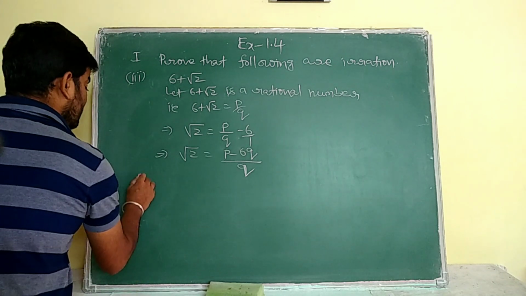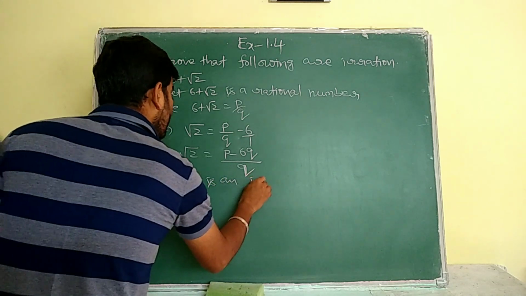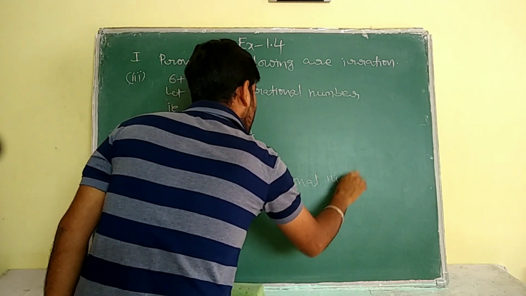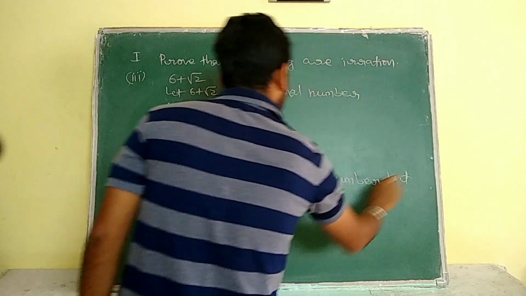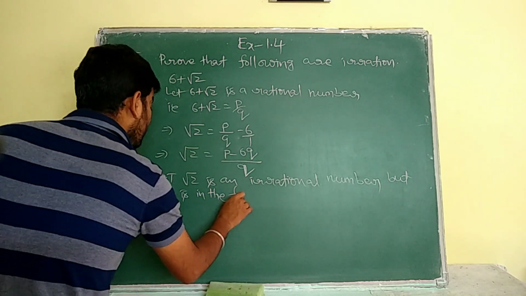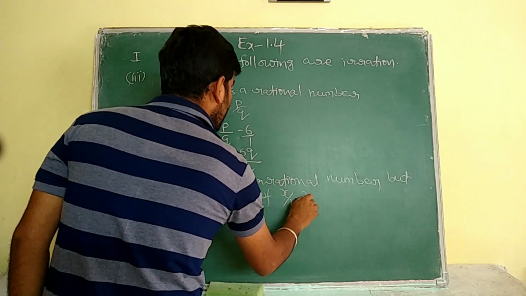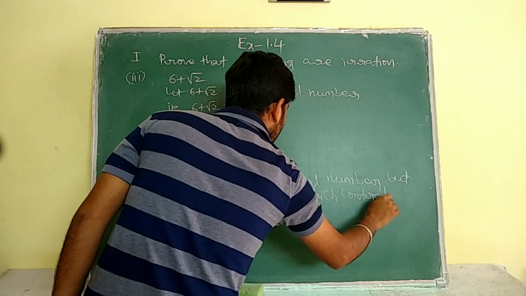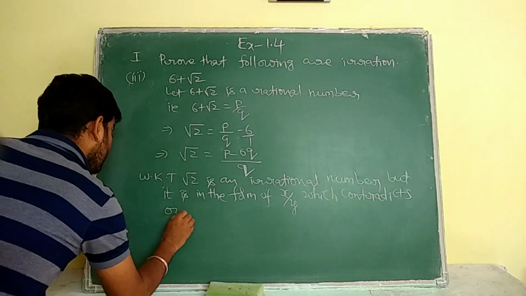We have to write that conclusion: we know that root 2 is an irrational number, but it is in the form of x by y, which contradicts our assumption.